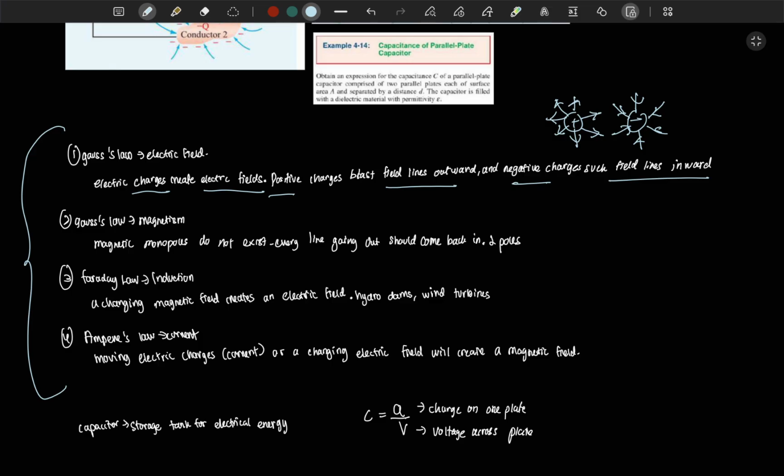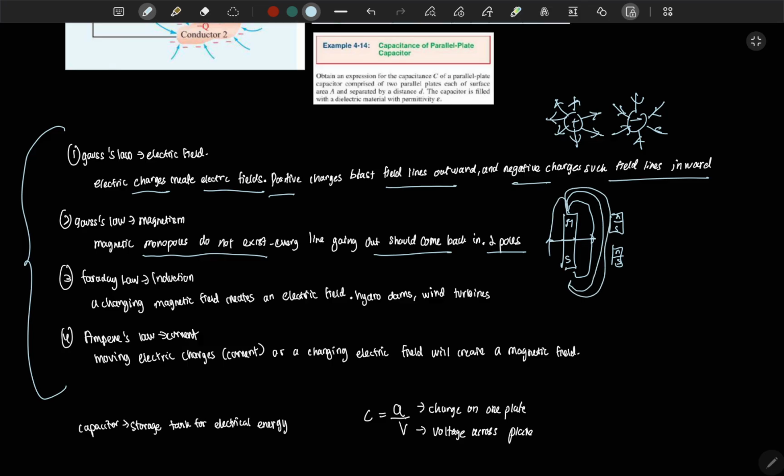Then we have Gauss's law for magnetism, where a magnetic monopole does not exist. Every line comes back, there are 2 poles. A magnet has a north pole and a south pole. If you cut it in half, it becomes 2 magnets, north-south and north-south, with field lines like this.